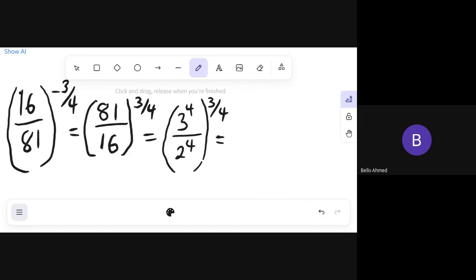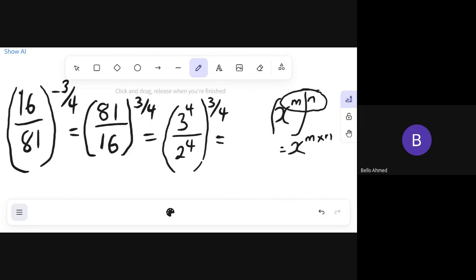If you have x raised to the power of m, with a bracket and n outside, this is a power, or say index, and this is another power, or index. We call this the law of multiplication of powers. It simply means we multiply the powers together, so you say x raised to the power of m times n.